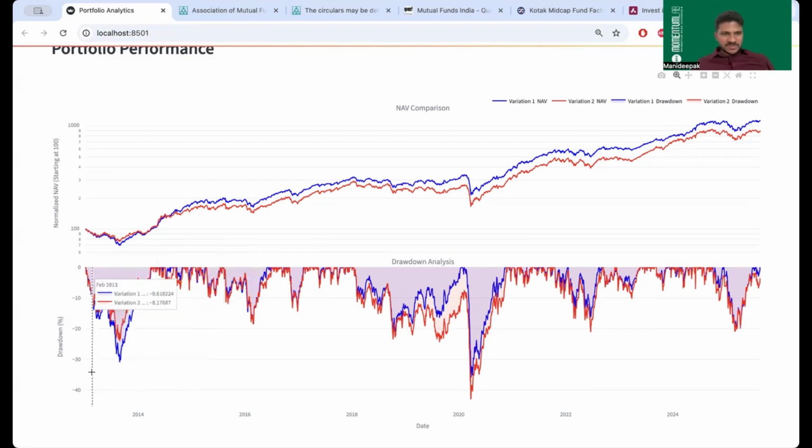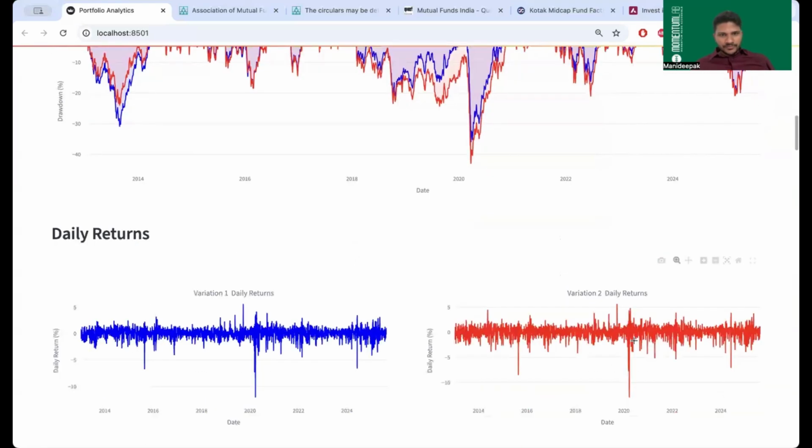In this case, during this period, you can see the red line is slightly above the blue line. That means the Midcap 150 benchmark is doing better. Then during the COVID times, I think the fund is able to recover well. You can see the drawdowns are lesser compared to the benchmark, and thereafter I think it's almost hugging the benchmark during these drawdowns. It's not much better, but it's almost on par with the benchmark.